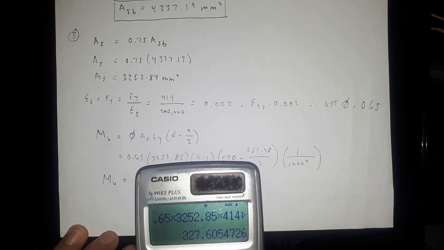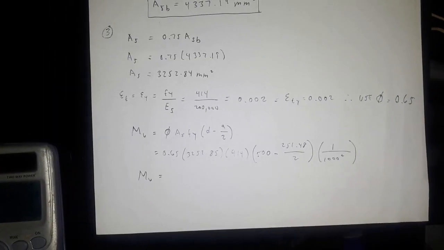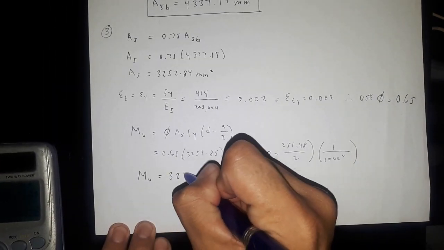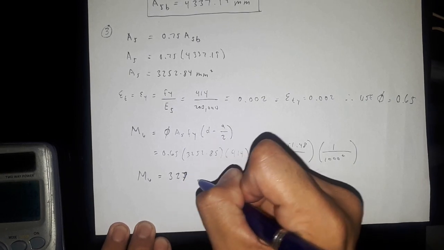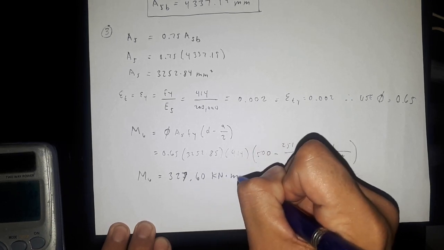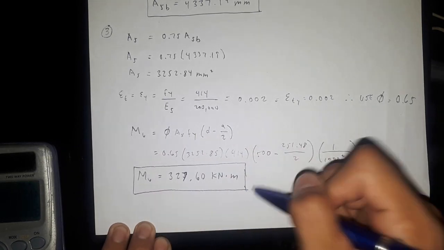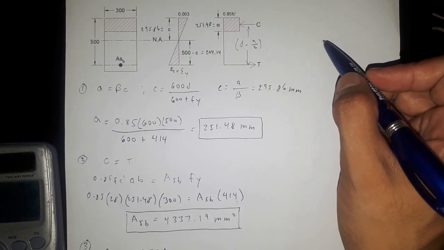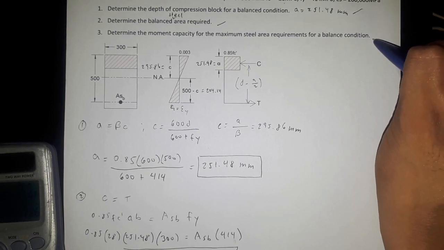So we have 327.6 kilonewton meter for the design moment or moment capacity. So that is 327.60 kilonewton meter. That is the design moment or the moment capacity for the maximum steel area requirements for a balanced condition.